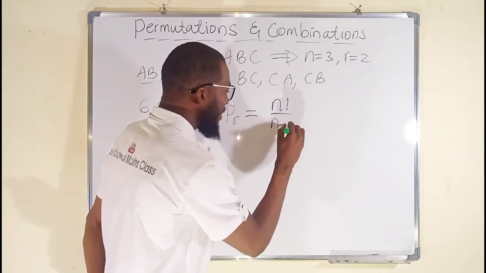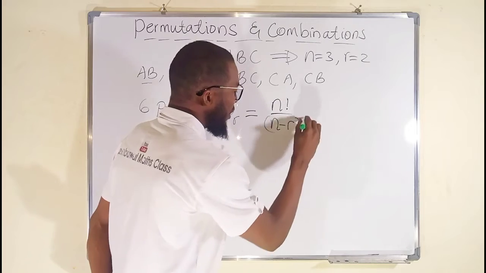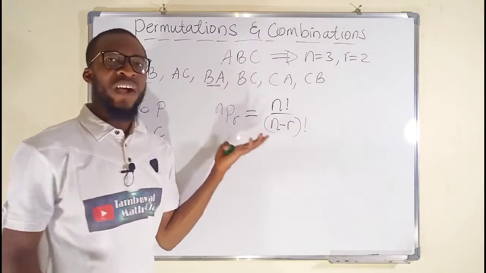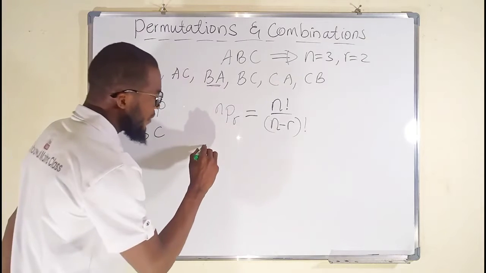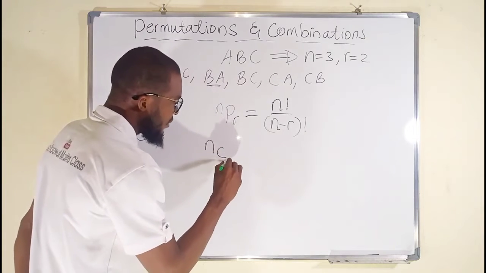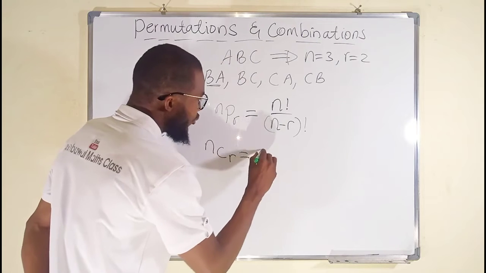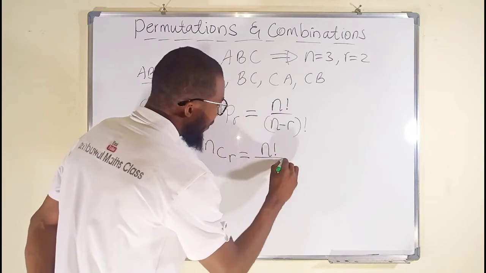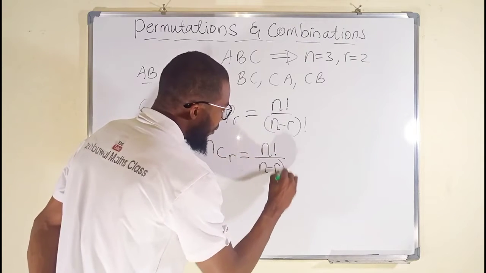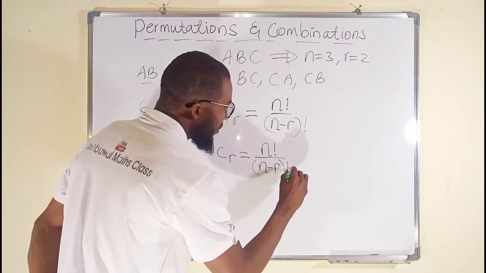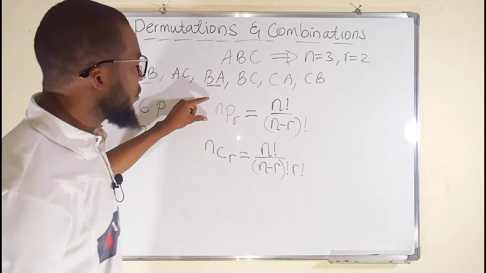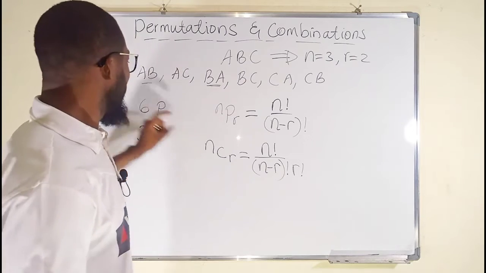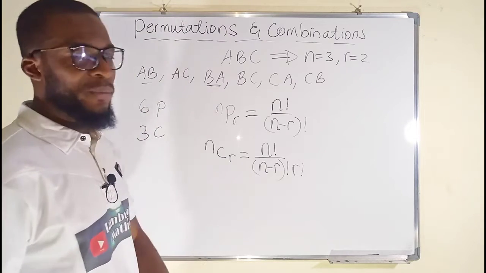This is what defines permutation. But for combination, we have N choose R is equal to N factorial divided by N minus R factorial, then also multiply by R factorial. We are going to substitute from this formula to see whether we are going to get 6 and 3 respectively.